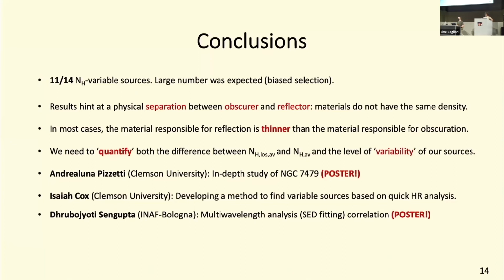And finally, Dhruv Sengupta, who also has another poster here. With him, we're soon going to start working on more multi-wavelength based analysis, probably based on SED fitting, trying to find correlation between the SED of these sources and the behaviors that I have just shown for the different source populations.